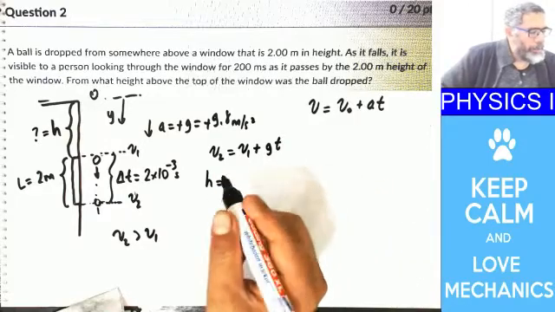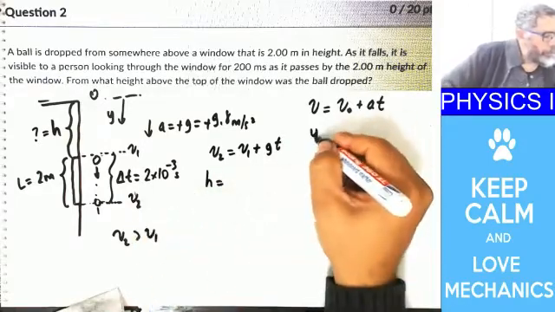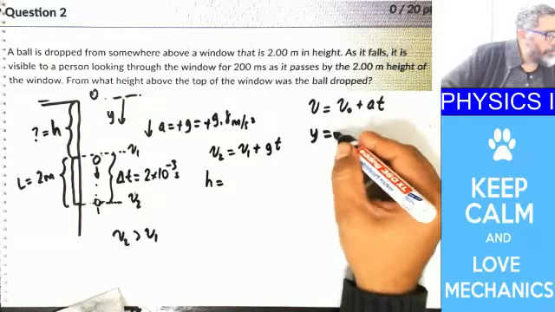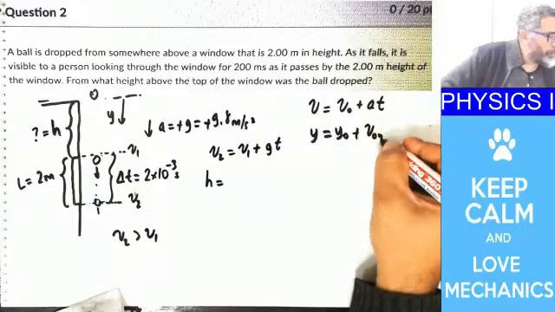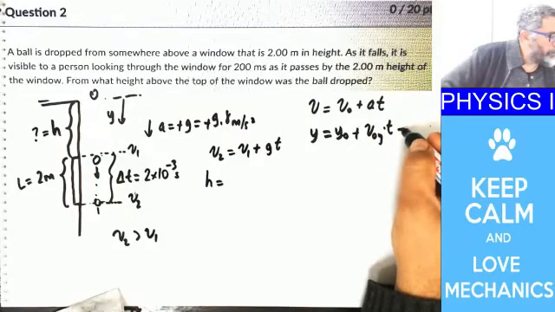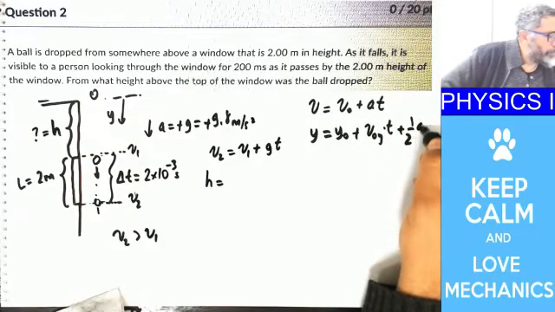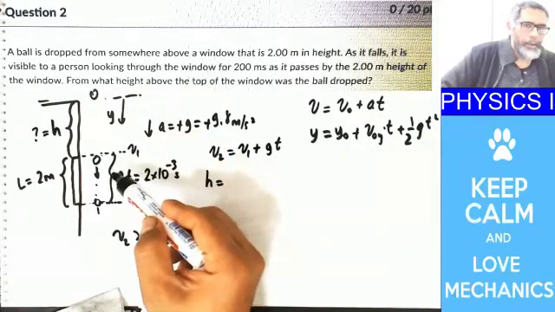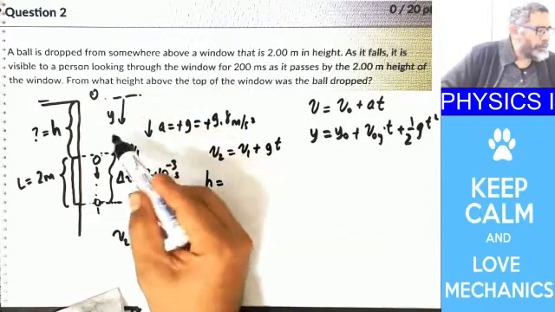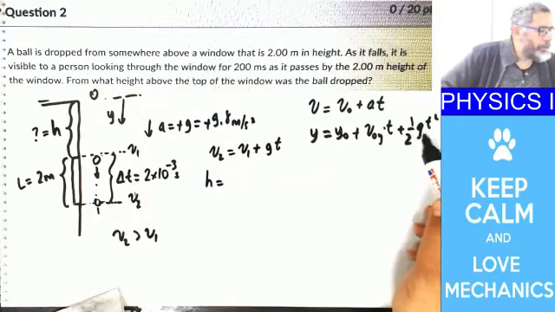So what is h? In most general cases for vertical motion, y is y0 plus v0y times t plus 1/2 g t squared, where, since I chose the downward direction as increasing for y, I have to put the plus in front of g.